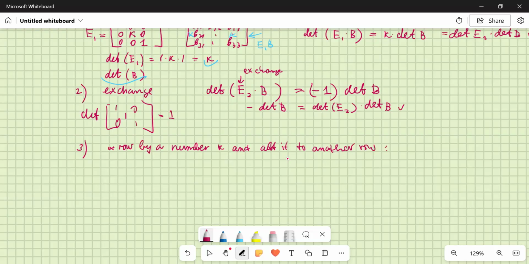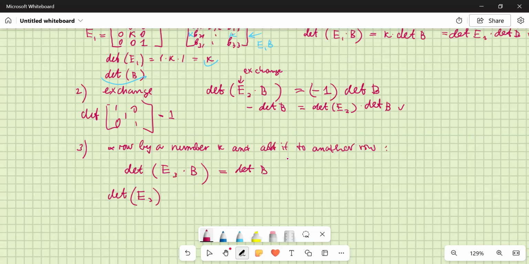Okay, how is it going to look? Well, first I'm going to write down what is going to be the determinant of this thing, E3B. Well, the elementary matrix which is doing this operation, multiply by a number and add it to another row, does nothing. So the determinant is not going to change. Now, what is going to be the determinant of matrix E3, which is having this operation?